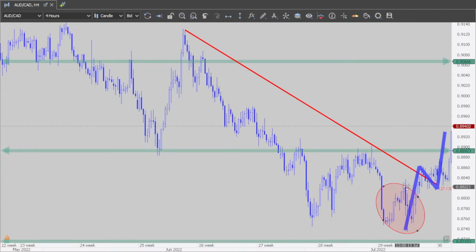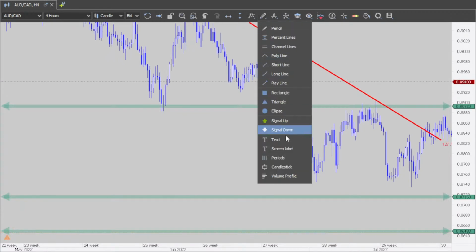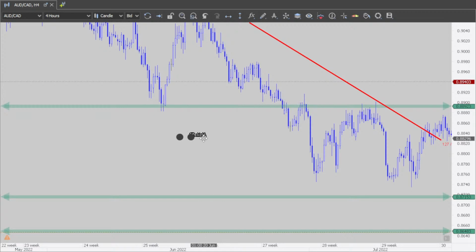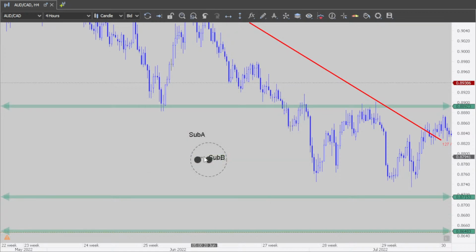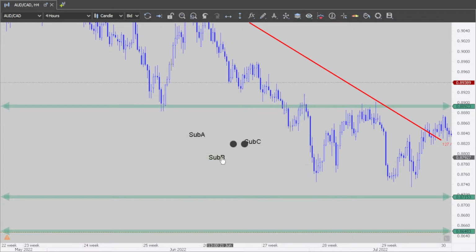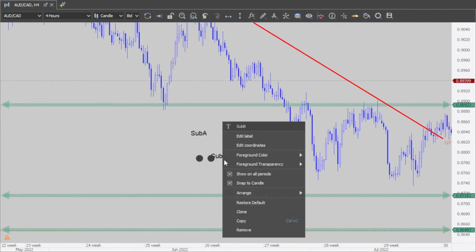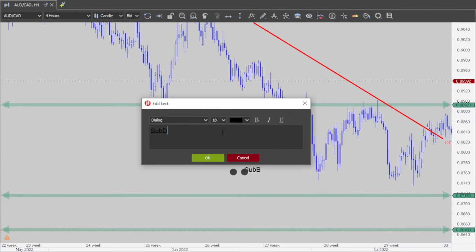So if we agree, then we are going to put our sub A on the 4-hour chart, clone, edit label, sub A, sub B, one more time, clone, sub A, sub B, edit label, sub C, and one last time, edit label, clone, right? Clone first, sub A, edit label, sub A, sub B, sub C, sub D, there you go.